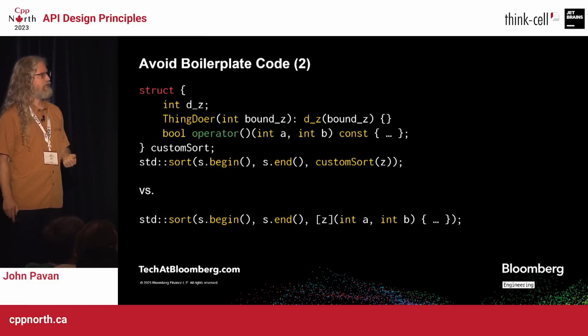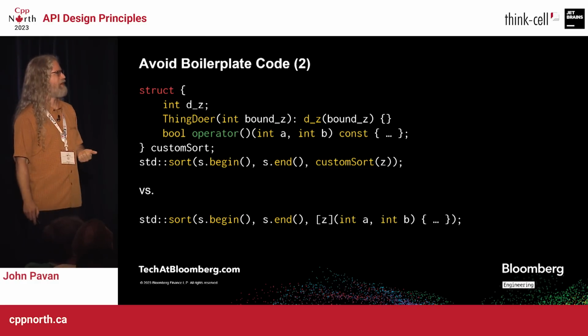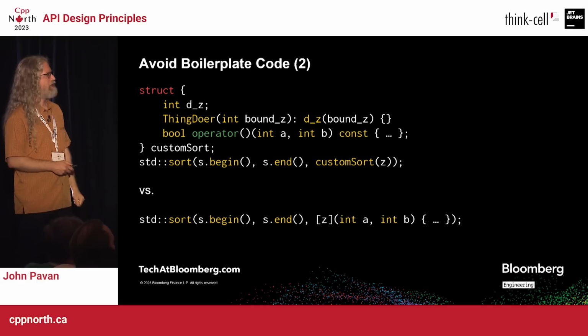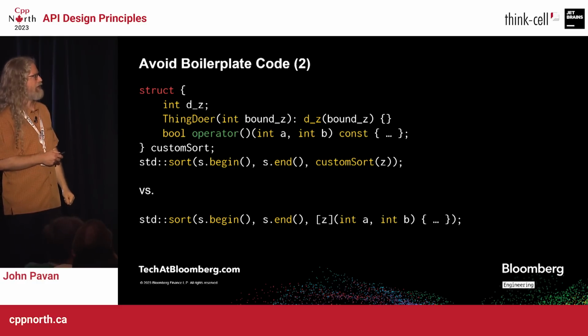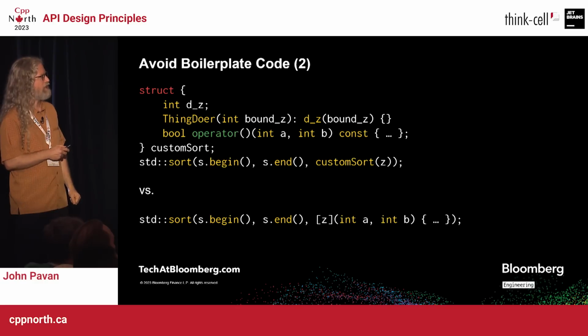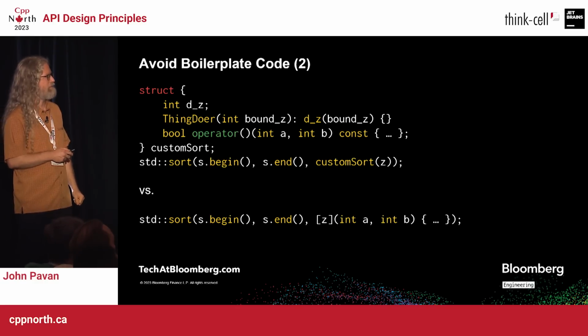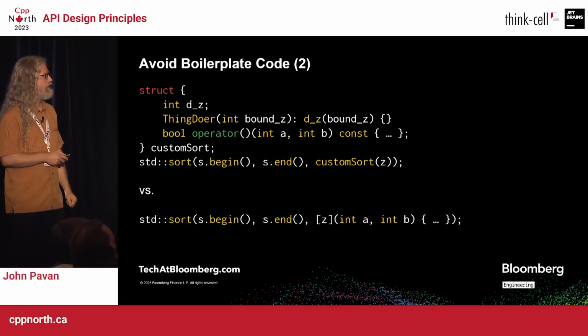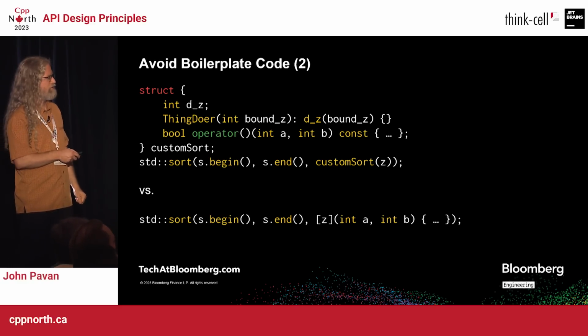One of the things that we can take from the language about how things have gotten better over time, particularly around boilerplate code, is that if you go back far enough and you wanted to have a custom sort, you would have to build a function object where your bound variable gets put in as a member variable, gets passed into the constructor, and then you have to define some sort of operator that would take A and B. You can save 4 or 5 lines of code by using a lambda nowadays.